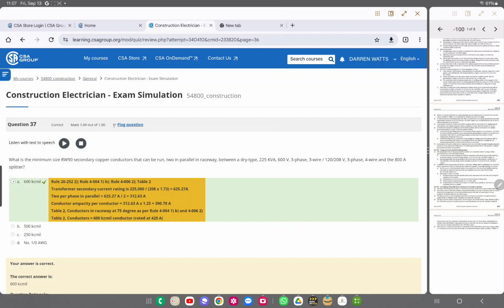Most importantly, we've got secondary, and we're looking at copper conductors that can be run 2 in parallel in raceway between a dry type. We've got 225 kVA.